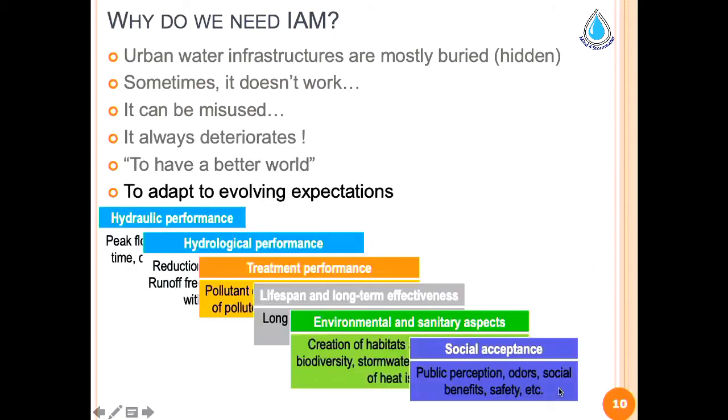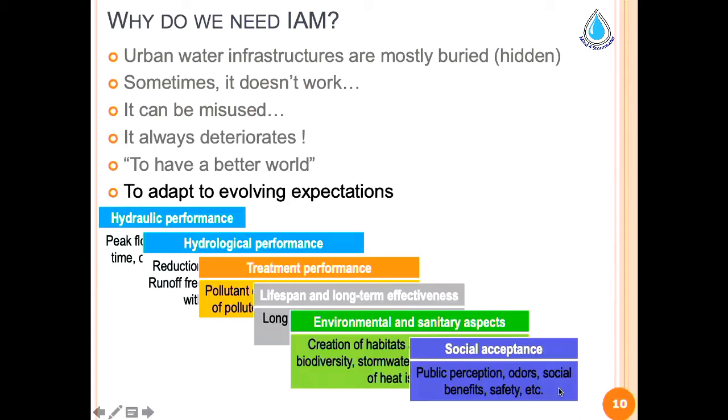And then you have this very complex thing that when you're dealing with water infrastructure, such as WSUD, they are designed to manage stormwater, but they have also other purposes. When you have a porous road, the porous road is supposed to manage the stormwater, but it's also a road.